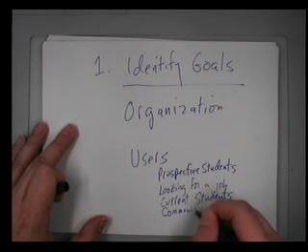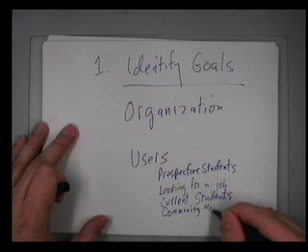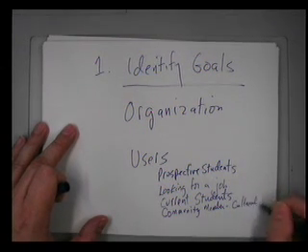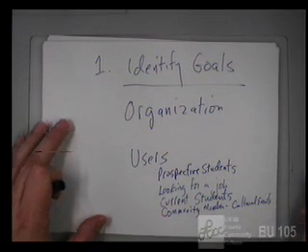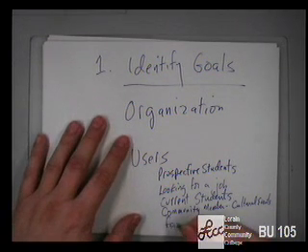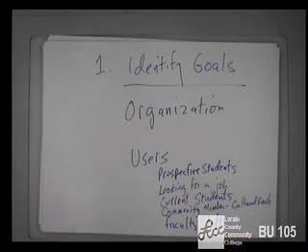Community members looking for cultural events. Or, yeah, cultural events, I guess, is probably a good way to put it. Faculty and staff. Area businesses looking possibly to provide training to their employees.